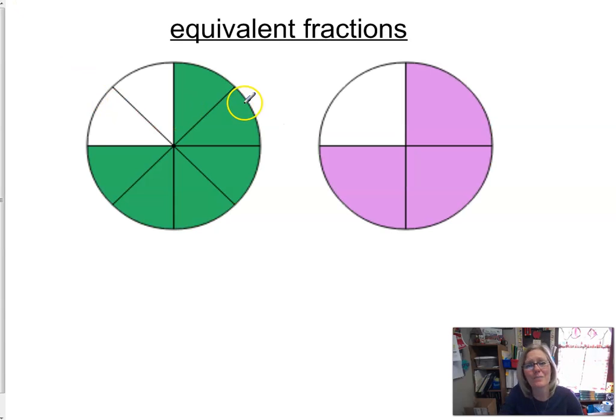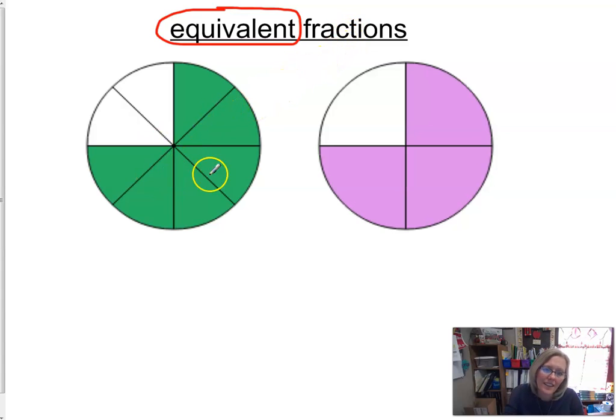We also talked about equivalent fractions. Equivalent, this big word right here, is just a big fancy word for equal. So equal fractions. This is probably one of the harder things that we've had to learn this year. This right here and this right here, this looks like a whole lot of stuff here.